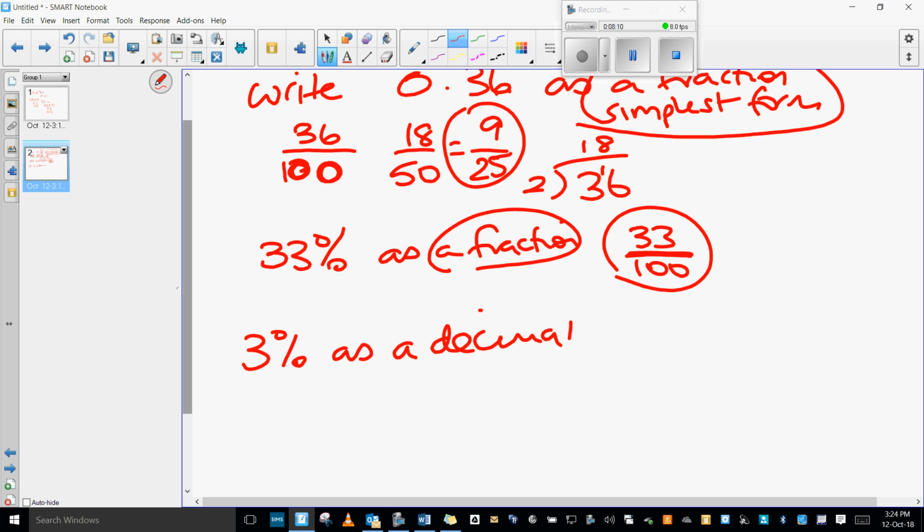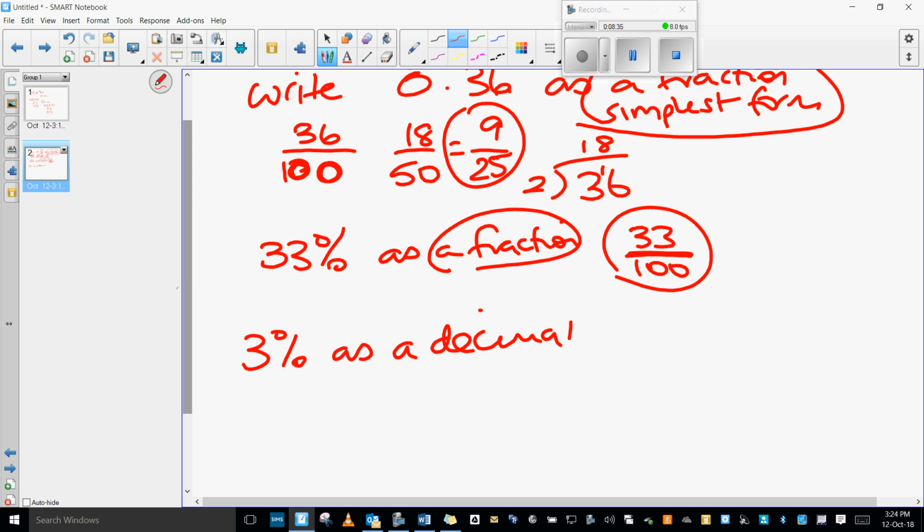What do we know about percentages? They're out of how much? 100. So what do you think you might do to this number to change it to a decimal? Most of the questions we're either multiplying or dividing by 100, aren't we? Do you think you're going to multiply by 100 or divide by 100?